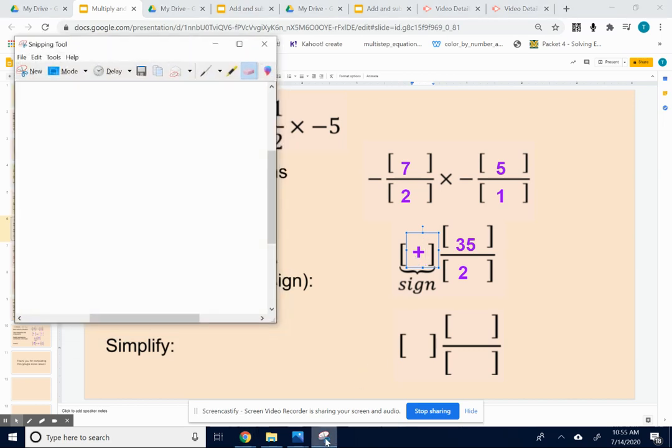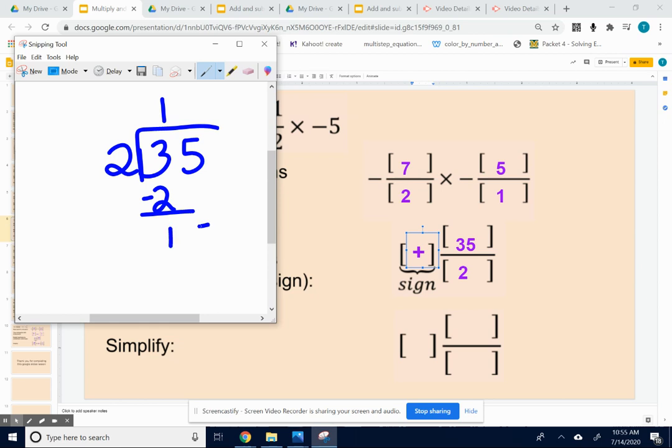So we need to take 35 divided by 2. 2 goes into 3 once. 2 times 1 is 2. Subtract: 3 minus 2 is 1. Bring down the 5. 2 goes into 15 7 times. 2 times 7 is 14.